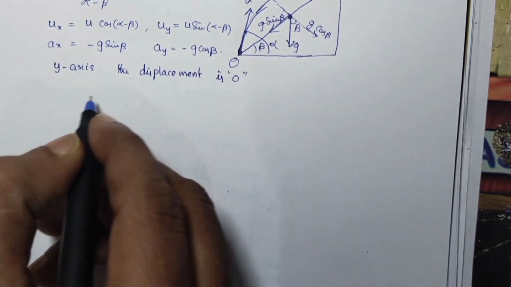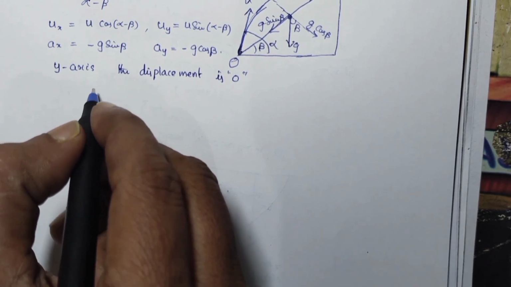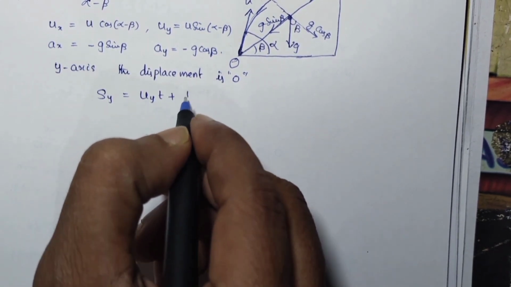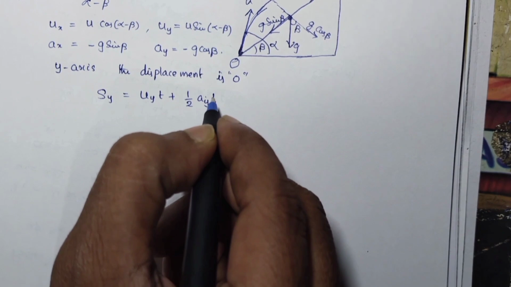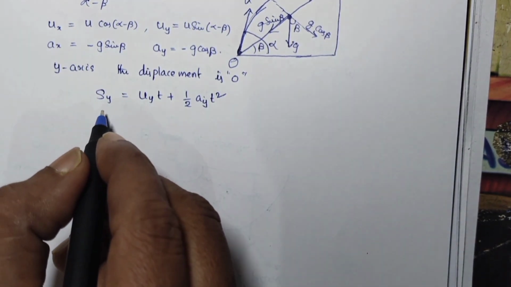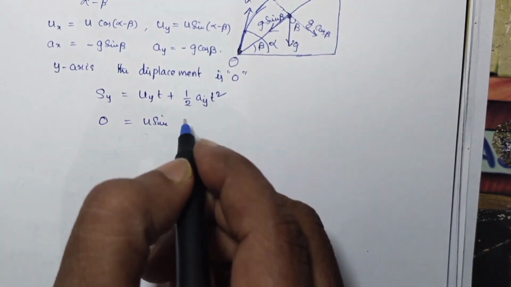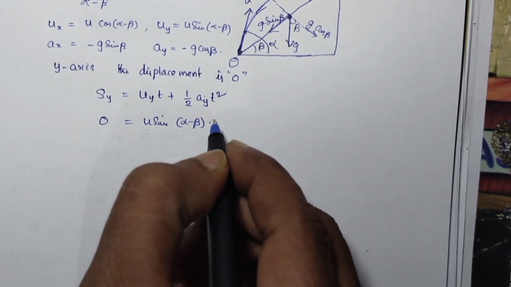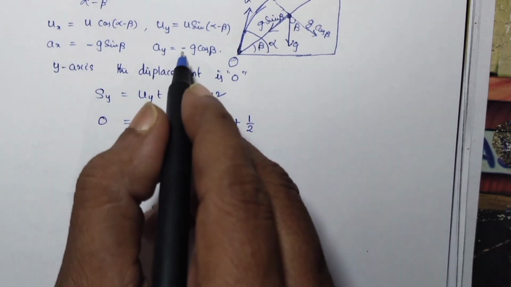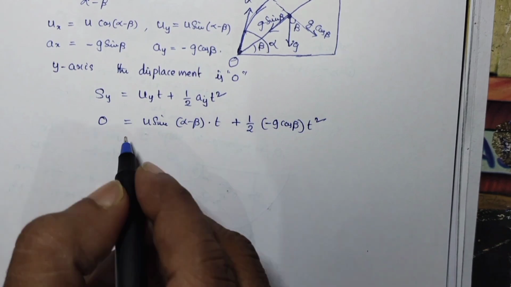So sy is equal to 0, and the formula is sy equals uy t plus half ay t square. Here sy is 0 and uy is u sin(alpha minus beta), so 0 equals u sin(alpha minus beta) into t plus half into minus g cos beta t square, right?